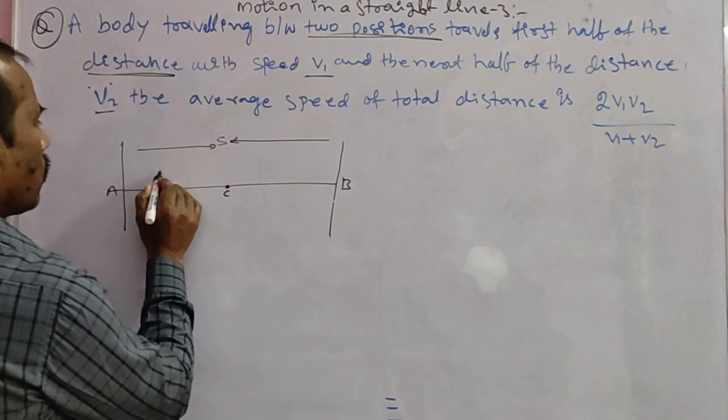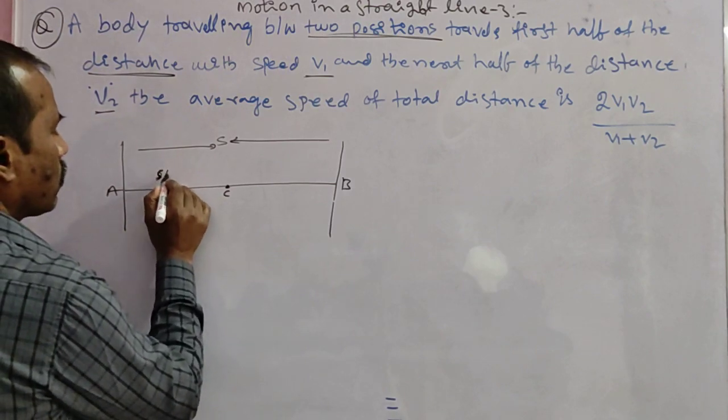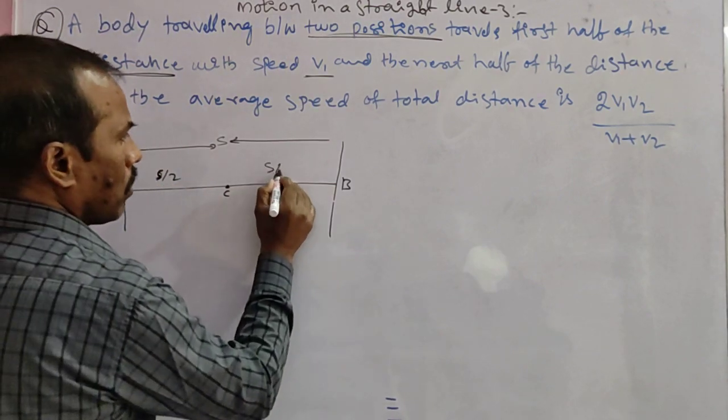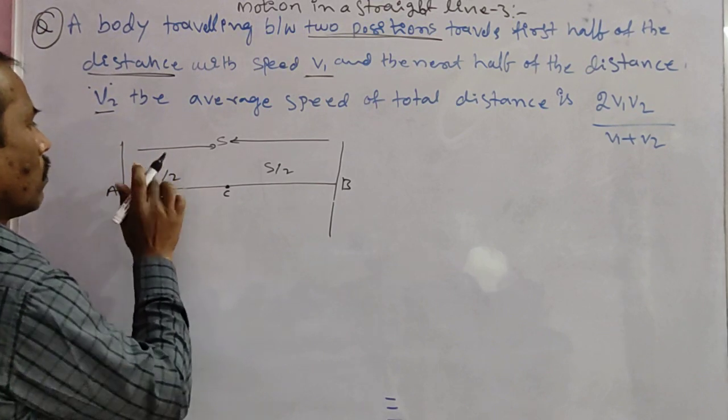For example, this distance is S by 2, and this is also S by 2.